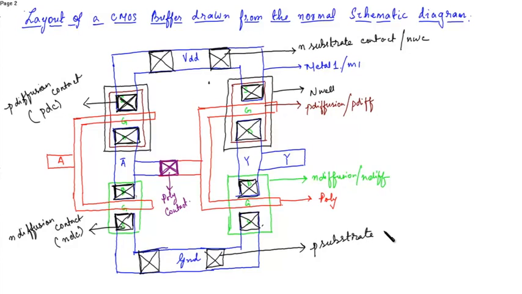So this is the layout of a CMOS buffer that is drawn from the normal schematic.